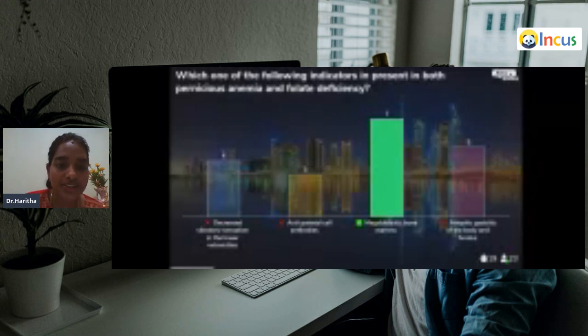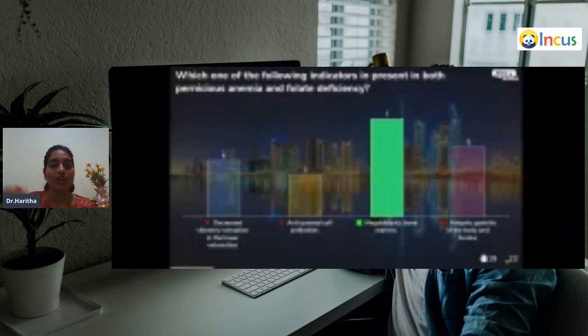Decreased vibratory sensation in the lower extremities is seen only in pernicious anemia, that is vitamin B12 deficiency, secondary to the loss of parietal cells, where you have antiparietal antibodies. The parietal cells are responsible for intrinsic factor secretion, and intrinsic factor is responsible for the absorption of vitamin B12 from the gut. Loss of intrinsic factor eventually results in B12 deficiency, and that is pernicious anemia.